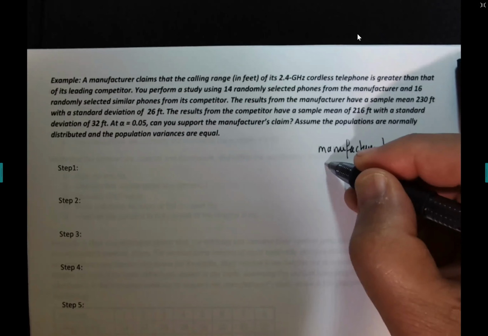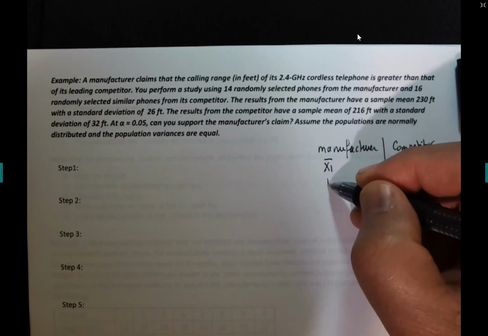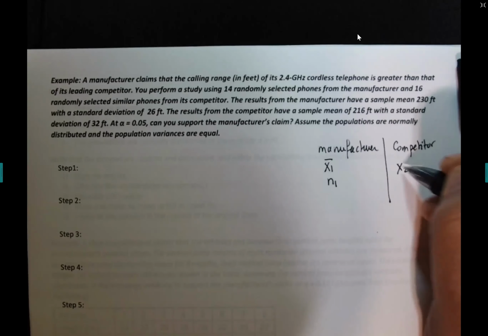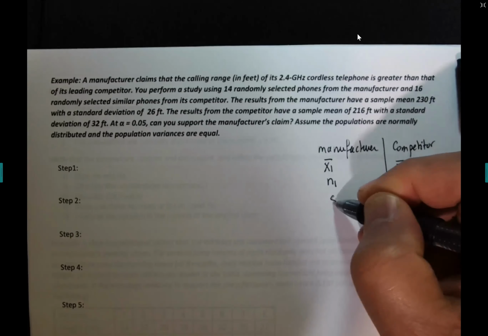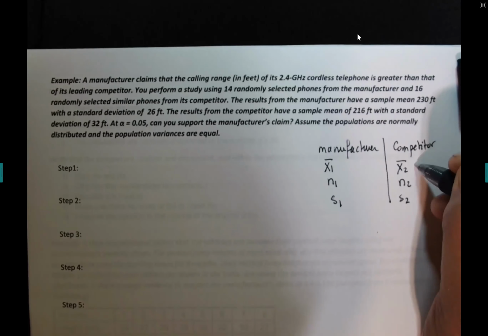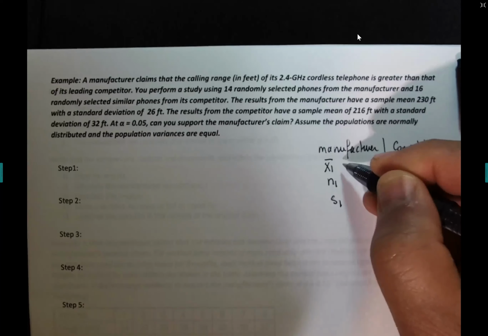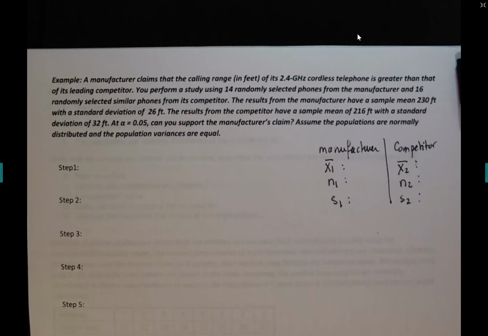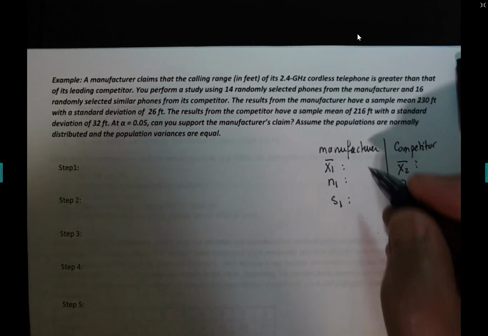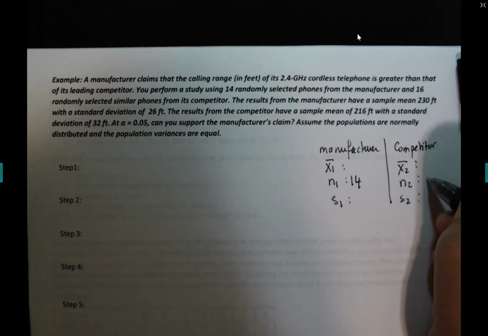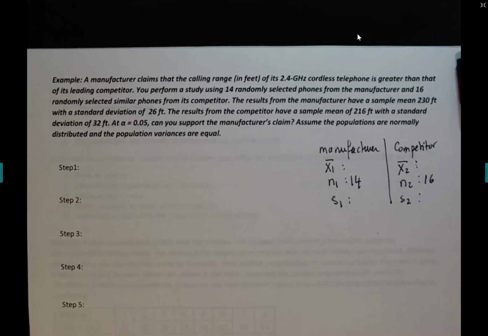And then we need x1 bar, n1, x2 bar, n2, s1, and s2. You perform a study using 14 randomly selected phones from the manufacturer and 16 randomly selected similar phones from its competitor. So you guys agree with me, 14 goes here and 16 goes there. That's the first one.